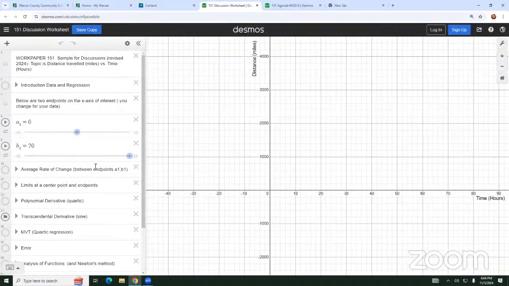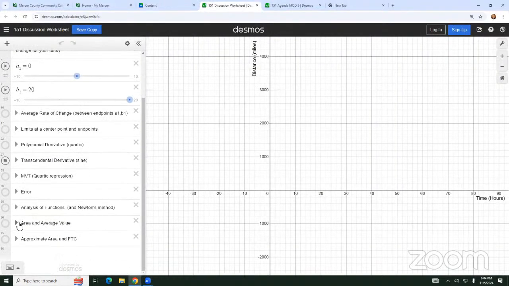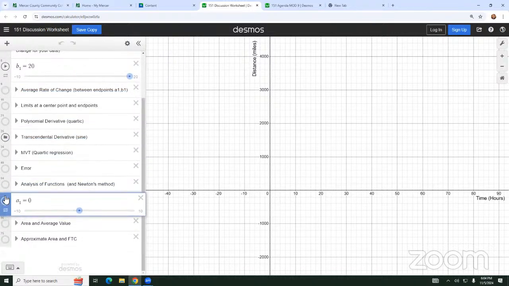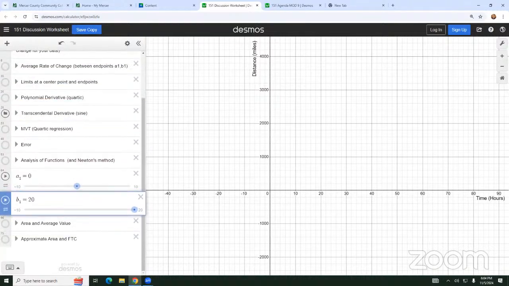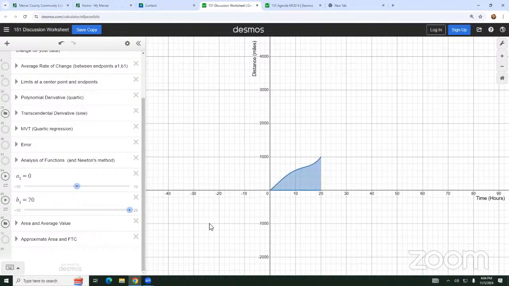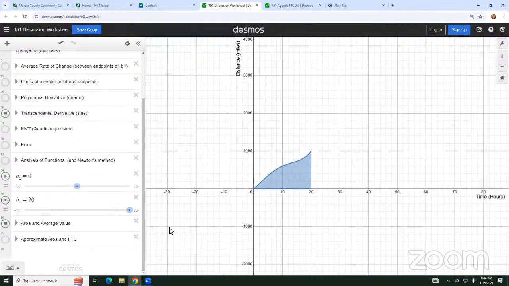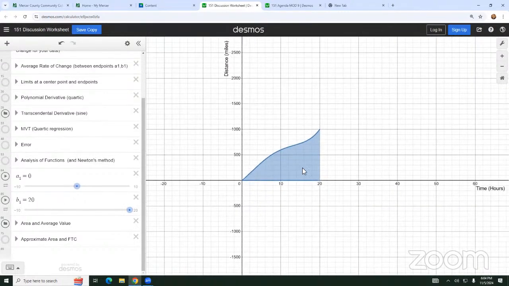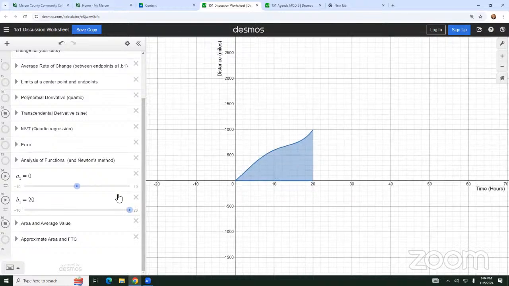And in your worksheet, when you open up area and average area, if you notice, I have A1 equals 0 and B1 equals 20. When I turn this on, I see the area between 0 and 20. See how it's all shaded in nice? I could change it to anything if I want.